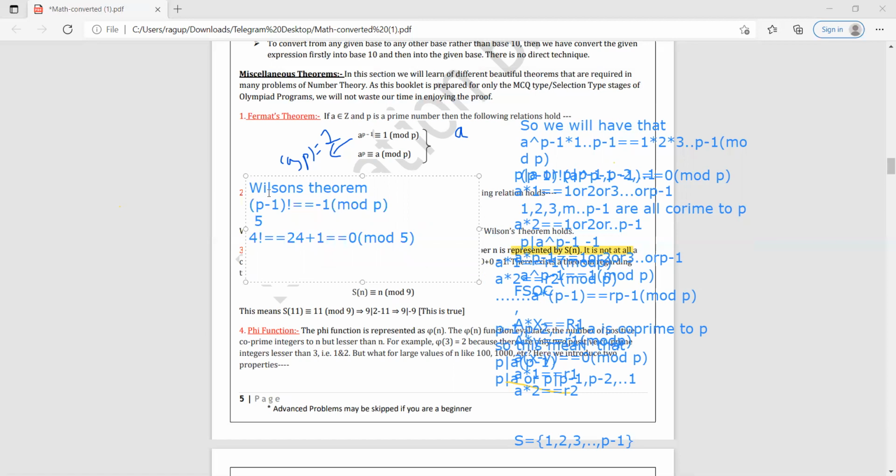Now, but what's the proof of it? I'll give you an insight and idea, but not the whole proof. So we have 1 into 2 into ... into p minus 1.